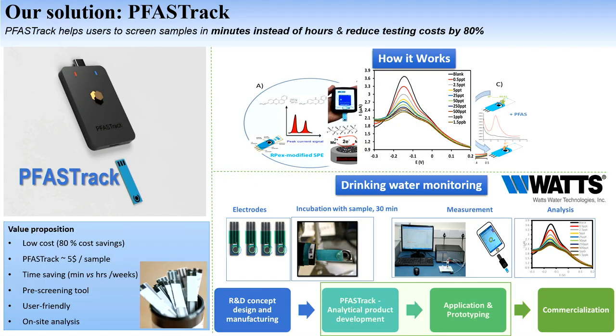Our PFOS Track sensor works from 0.5 ppt to 1.5 ppb PFOS detection. And with the PFAS detection and remediation market costing over $5 billion US, tools like PFOS Track offer not just scientific innovation, but also economic and environmental value.